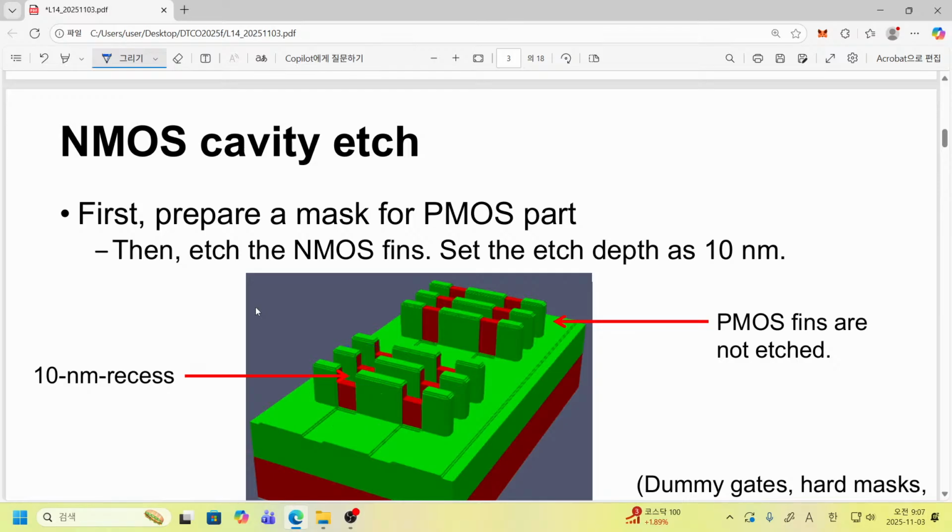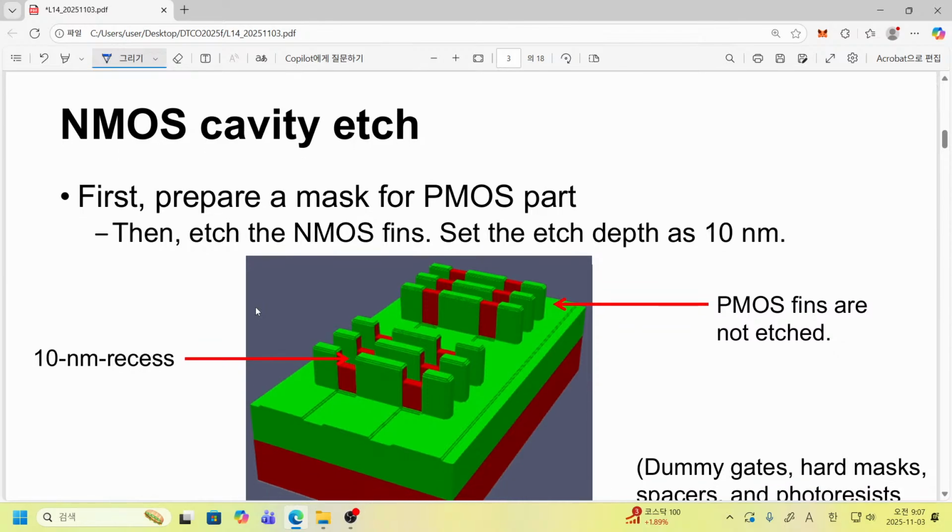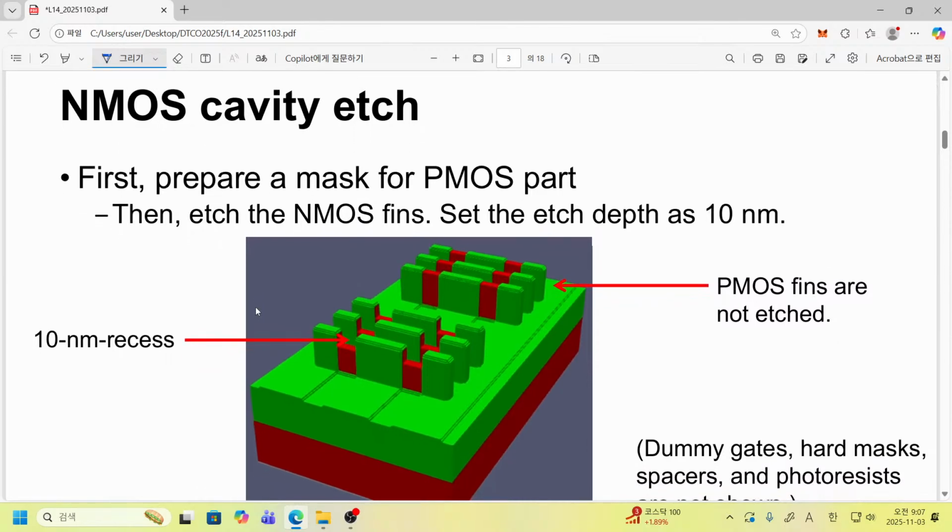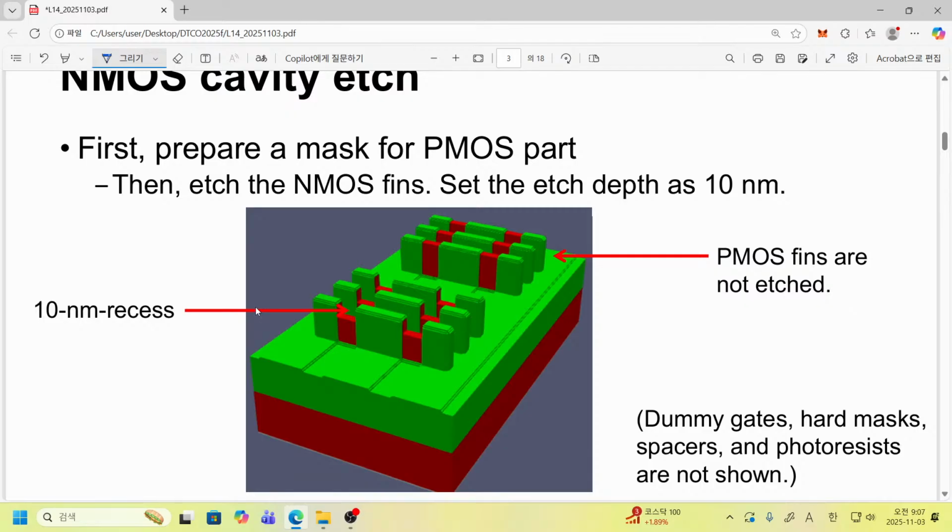So now let's apply this technique to our inverter example. For a while, I will just skip some already existing regions, for example dummy gates. Where can you find dummy gates? Dummy gates are running in this way. They are not shown here because if we display them, the entire structure is just covered by dummy gates.